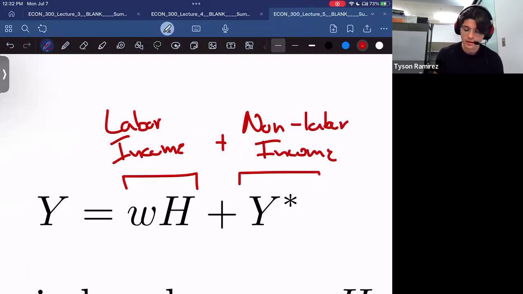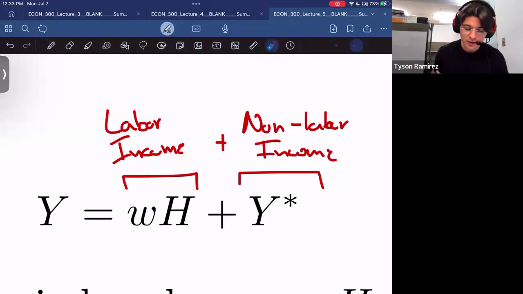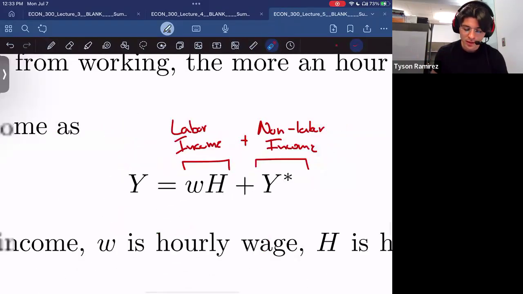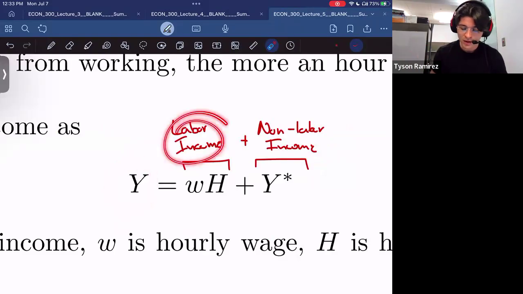This is the money that your parents give you. This is residual money from investments. This is what happens when that crazy crypto bet that you made pays off. All of that is encapsulated by Y star. But to keep things simple, we just lump that all into a constant and denote it by Y star because what we really want to focus on is the labor part of it. So your income is the money you earn from working and the money you earn elsewhere.